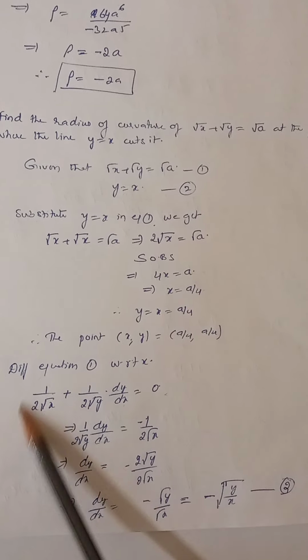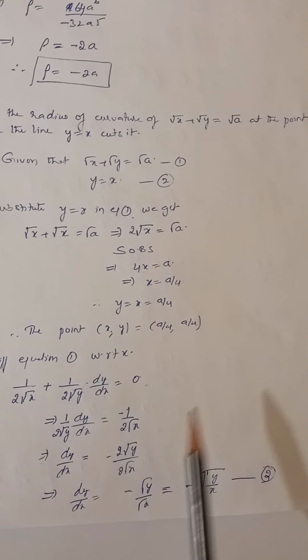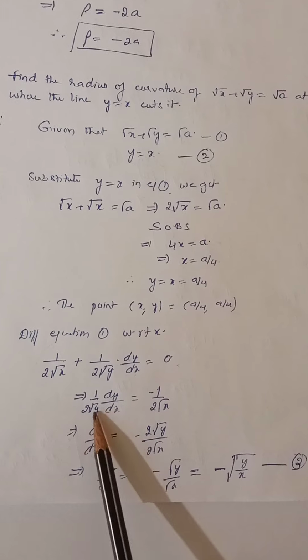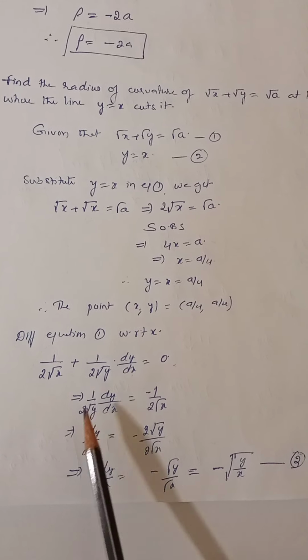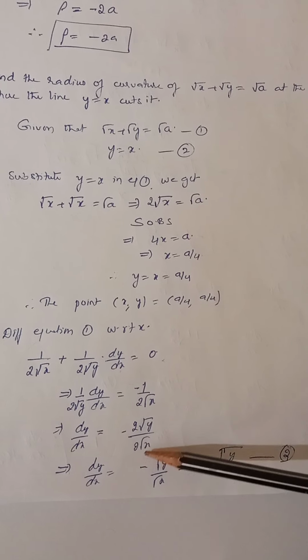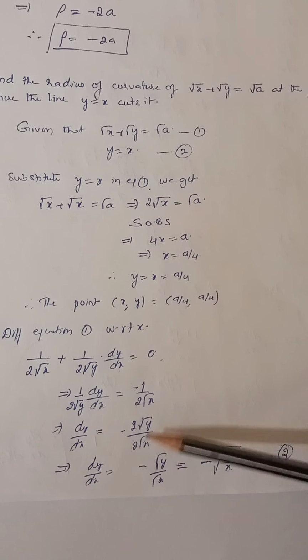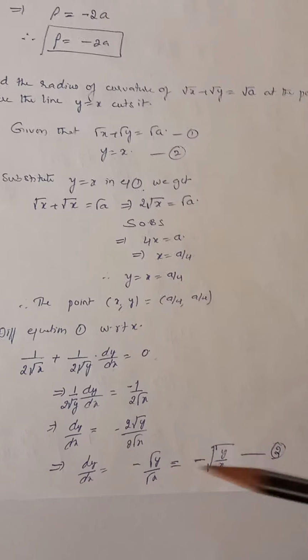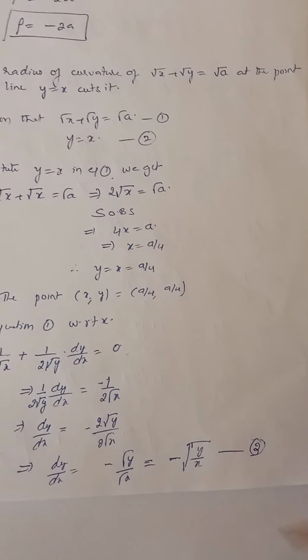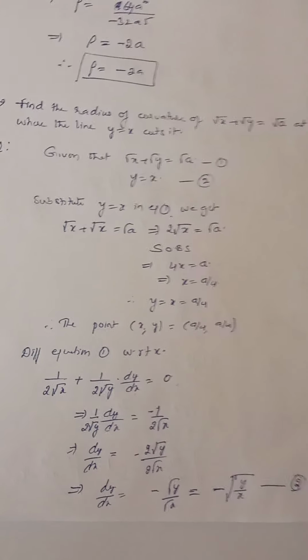So we are transposing this to the right hand side, therefore it becomes minus. dy by dx is equal to, again this is in the denominator, we are transposing it to the right hand side: minus 2 root y by 2 root x. The 2 gets cancelled, dy by dx is equal to minus root y by root x, which can be written as minus of root of y by x. We call that equation number 2.